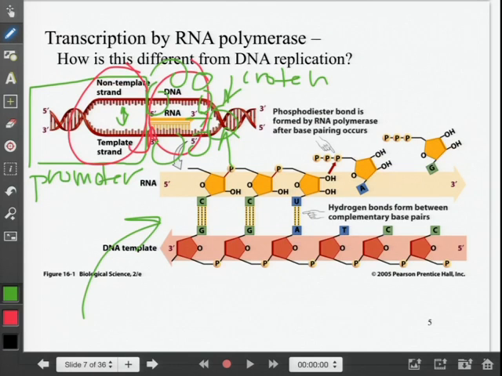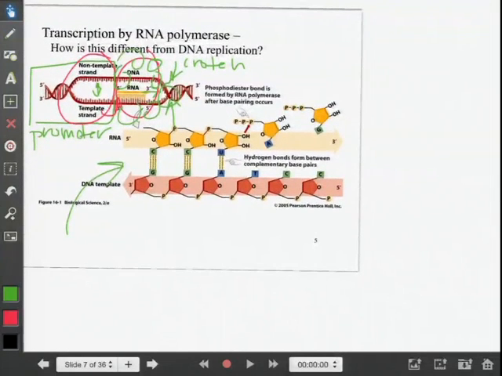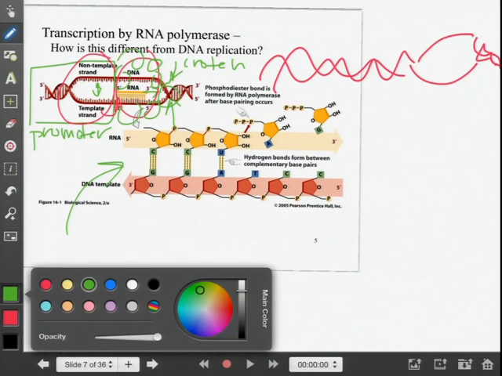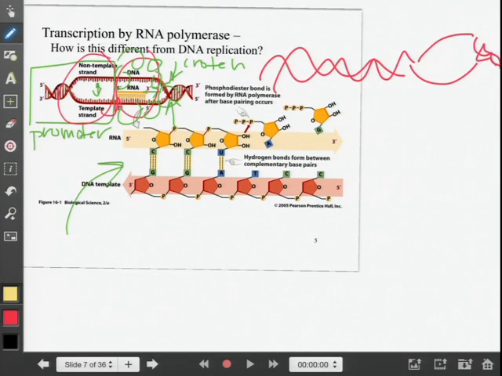If we took another snapshot once it's open even farther, and now we're down here, the RNA would then be coming off already, just like in that little video, and here's the 5' end.